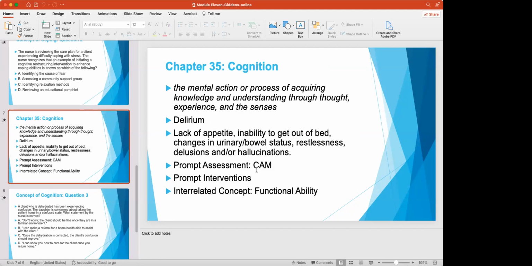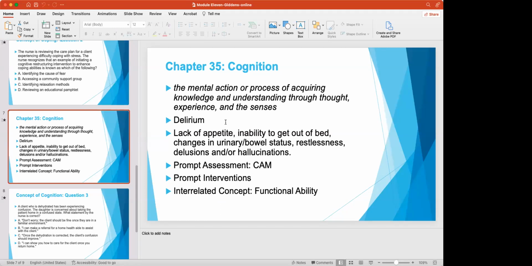And finally, we're going to end with the concept of cognition, chapter 35. So here is the definition. Delirium is a state of disturbed consciousness and altered cognition with a rapid onset occurring over hours or a few days. During a delirious state, the individual can experience a dulled awareness of the environment and reduced ability to focus, sustain, and shift attention.